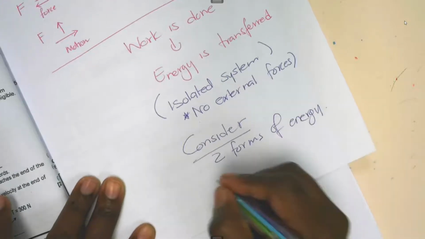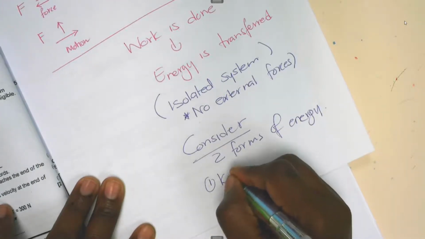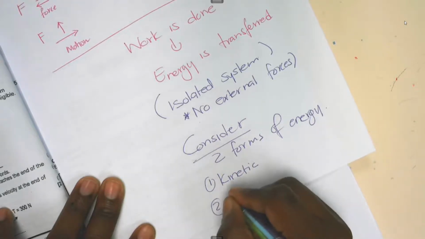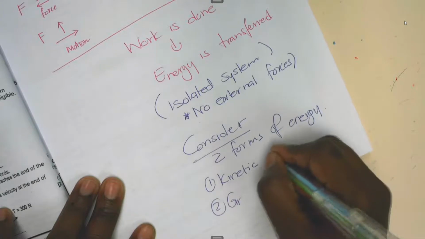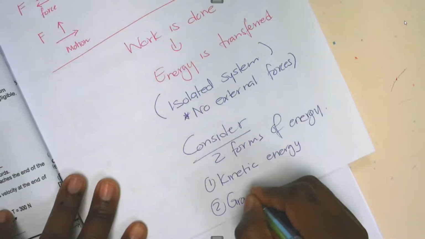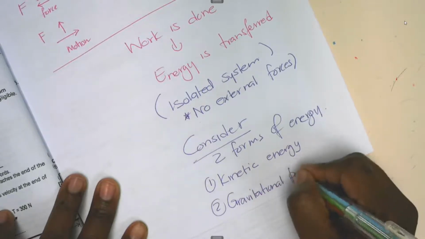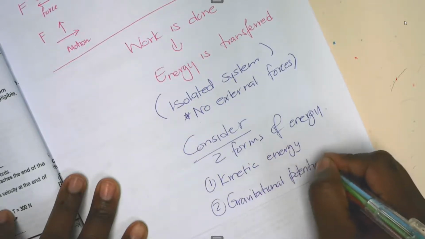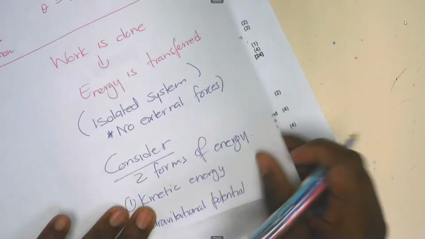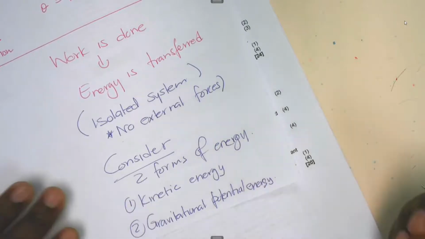First one is kinetic energy, and the second one is gravitational potential energy.